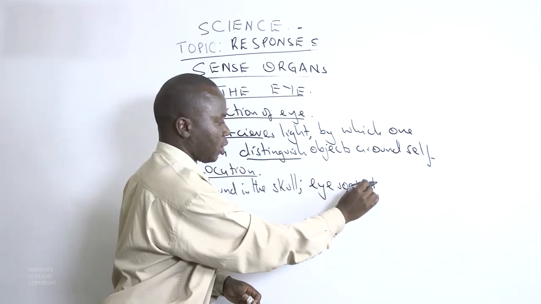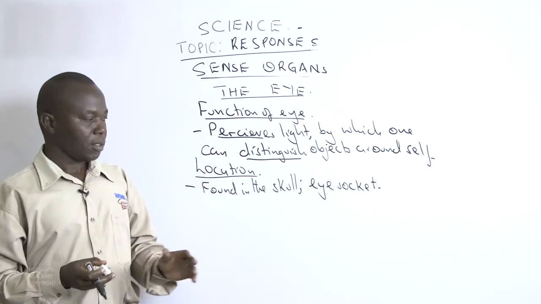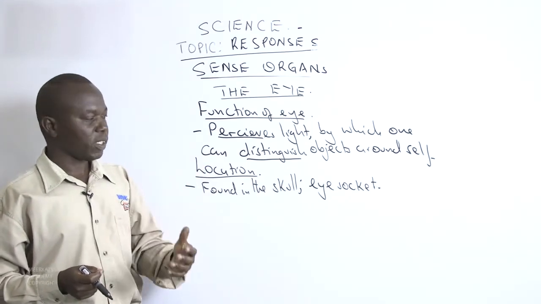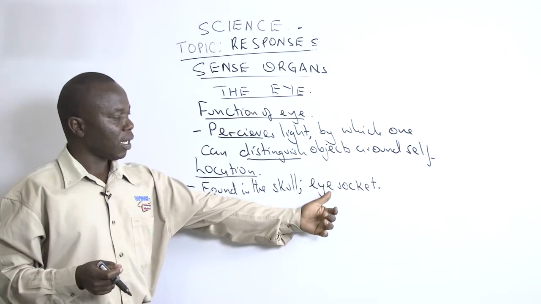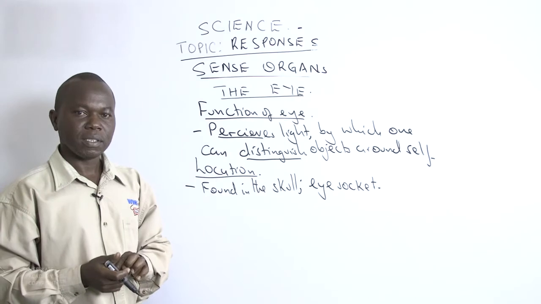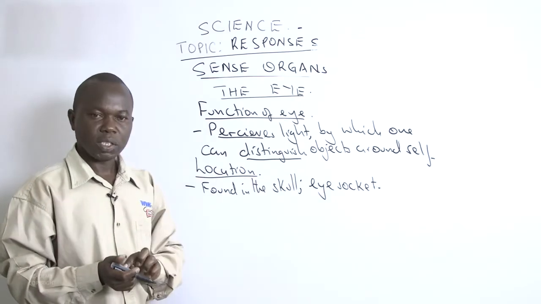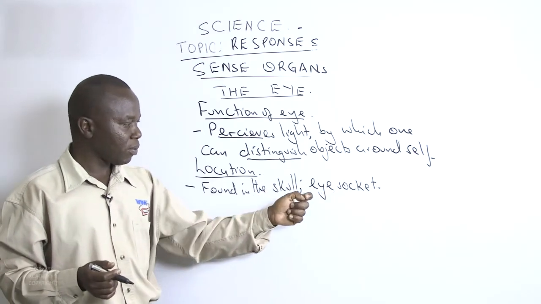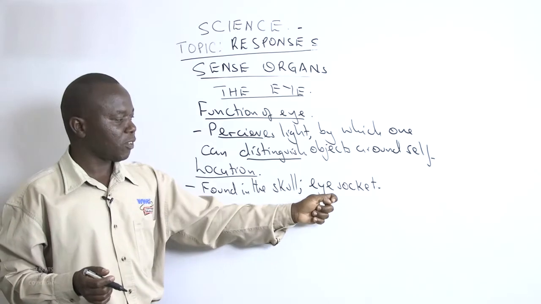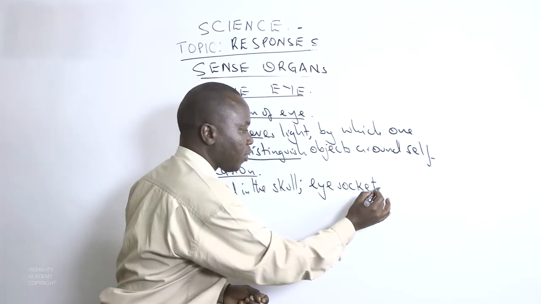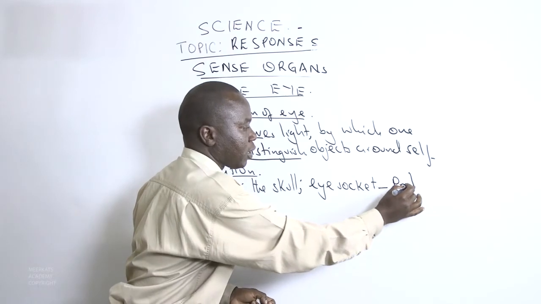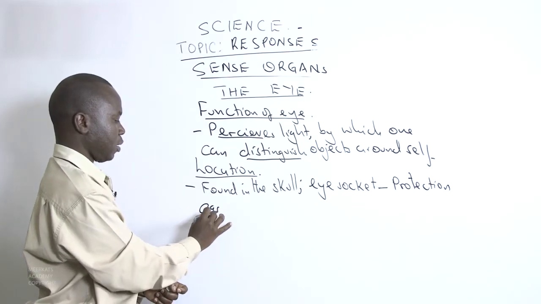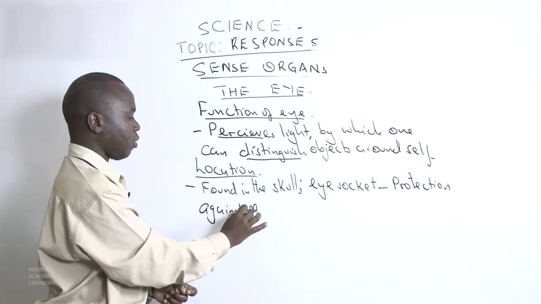The eye socket is important because if the eyes were found, for instance, on top of your head, on top of the skull, since the eyes are made up of very sensitive cells, it could cause damage to them. So the reason why the eyes are found in the skull, specifically in the eye socket, is for protection against mechanical damage.